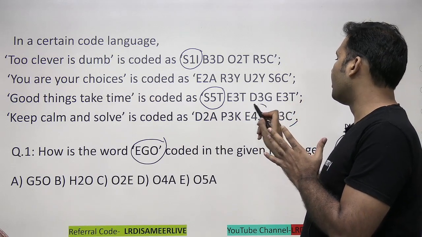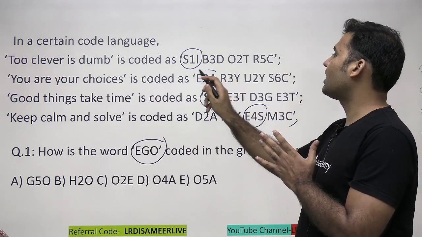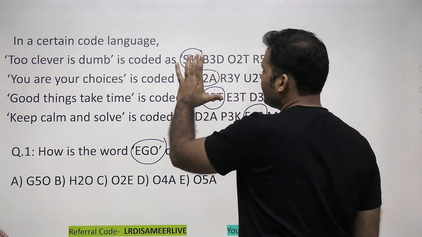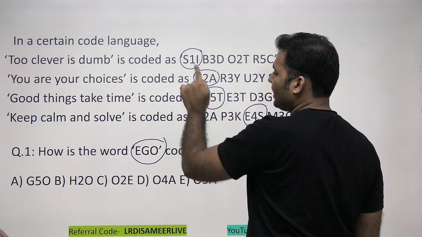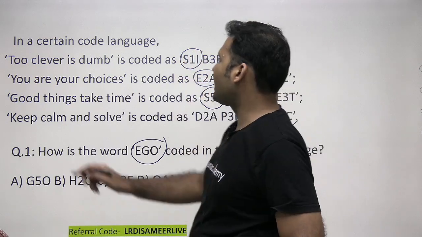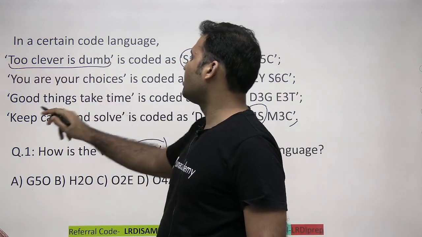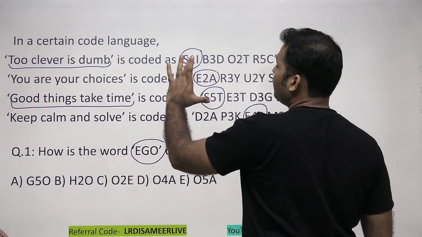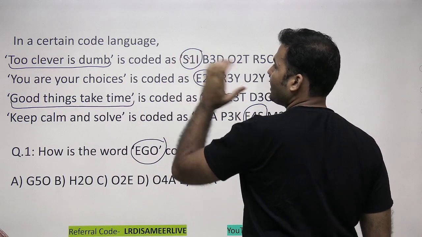You see that both of these 2 are starting with E. Now, let's try to identify using this particular hint that the first alphabet is the same. Now look at these 4 words and look at these 4 words. Both of these 2 codes are using the first letter as S.